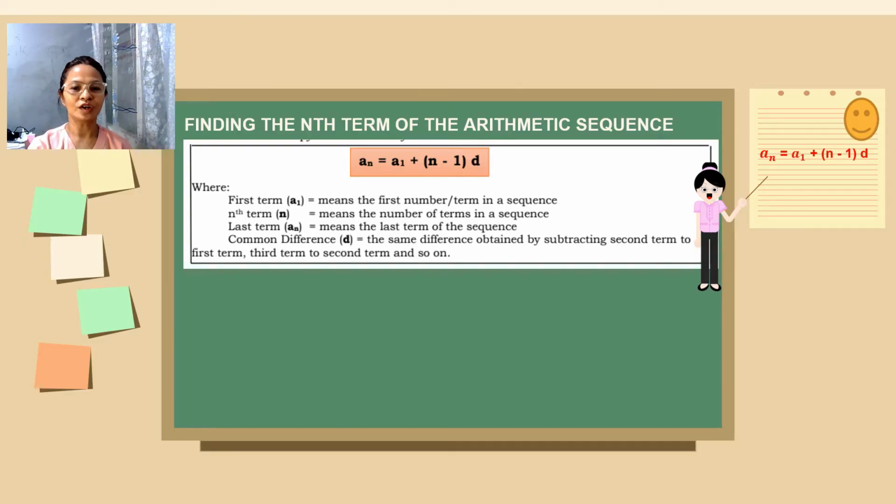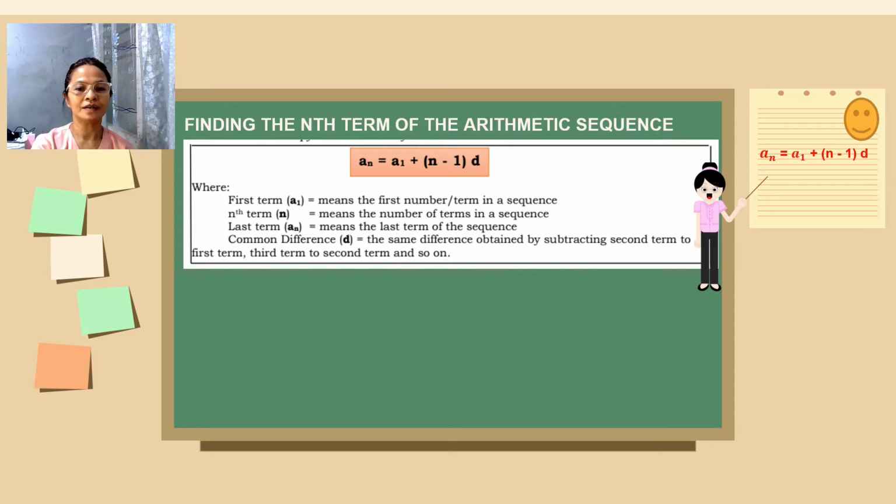Another important concept that you must remember in this video is the formula for finding the nth term of the arithmetic sequence. The formula is a sub n equals a sub 1 plus the quantity of n minus 1 times d.